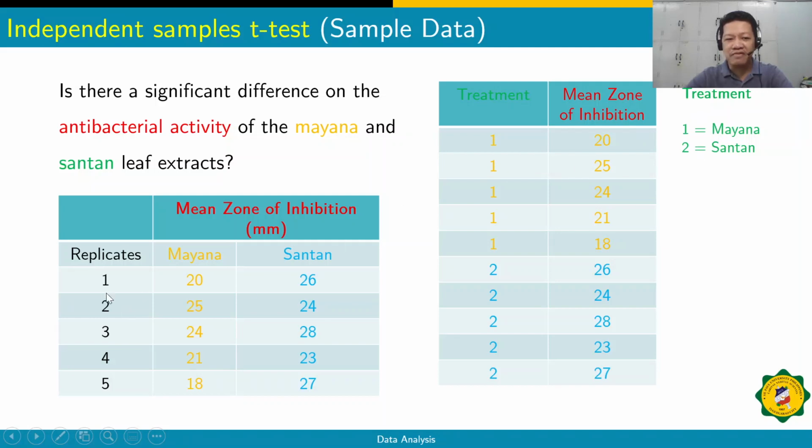And then you have 5 replicates here. That's why you have 5 ones here, and then you have 5 twos here for the santan. And then you copy the data for the mean zone of inhibition for the first group. That's it. And for the second group, you copy this. And that's how to organize our data so that we can interpret it or treat the data using our SPSS.